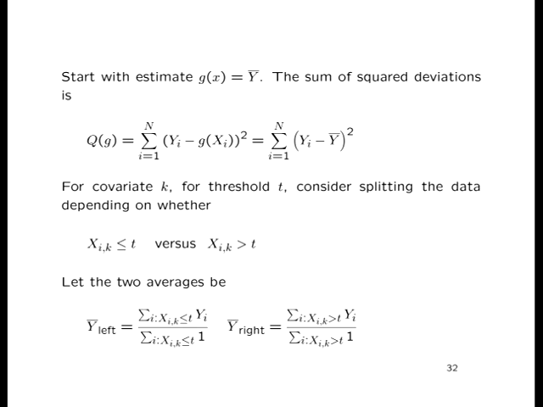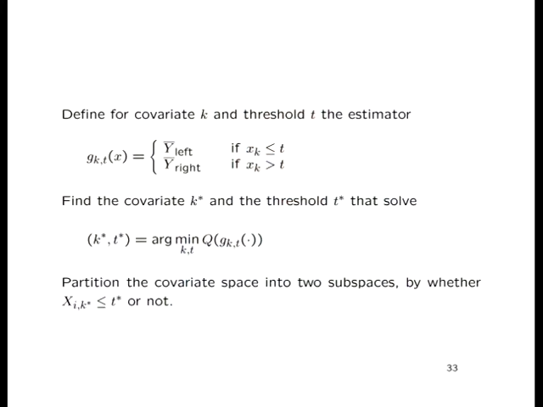So if we split it on covariate K for threshold T, we would split the sample into two subsamples depending on whether the covariate for unit I, for covariate K, is less than or equal to T or greater than T. We then calculate the average in these two subsamples, and then obviously we've reduced the sum of squared deviations from the regression function, because now we just calculate the average within these subsamples.